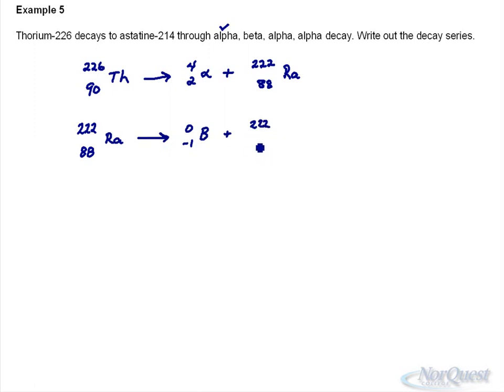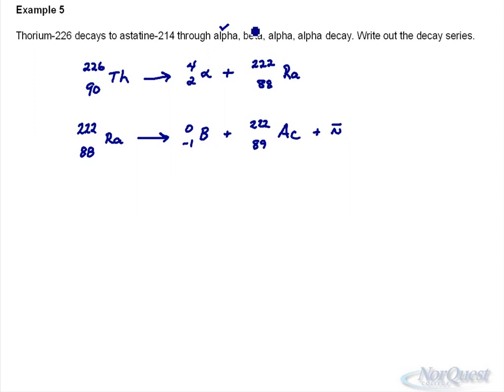Balance the charge, we're left with 89. And when you look up 89 on the periodic table, we get actinium, Ac. There's our beta. Now when you kick out a beta, don't forget you get an anti-neutrino. Got to include that.